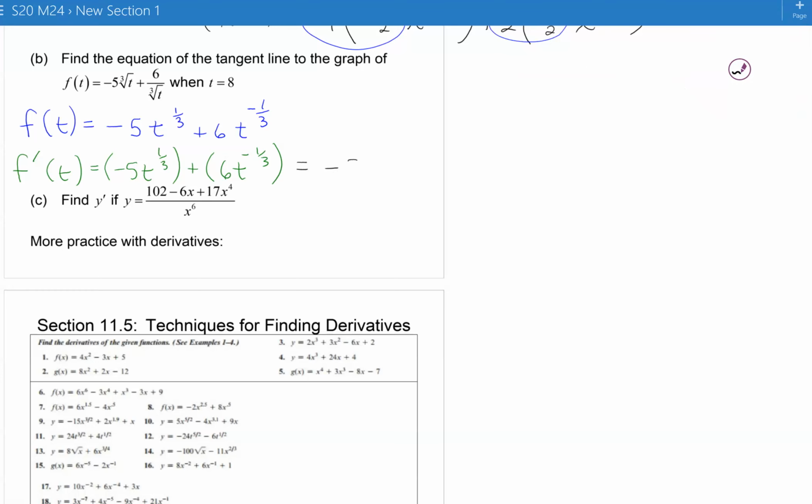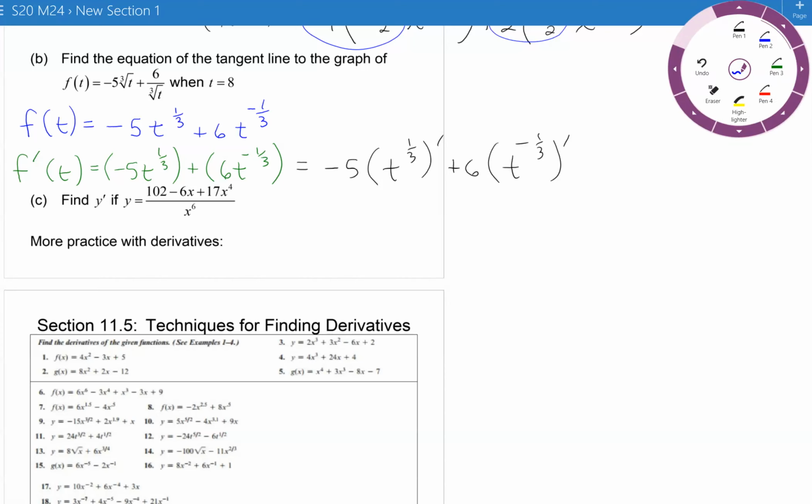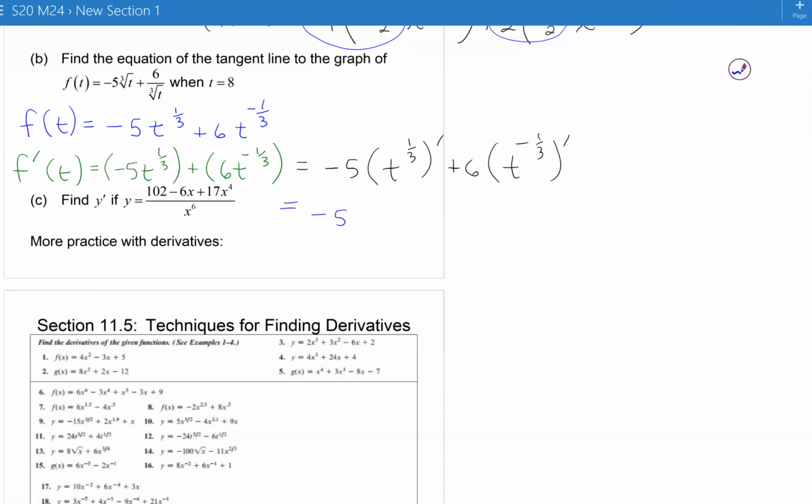So that's going to be negative 5 times the derivative of t to the 1/3 plus 6 times the derivative of t to the negative 1/3. So that's going to be negative 5, use the power rule, 1/3 t to the negative 2/3 plus 6 times negative 1/3 t to the negative 4/3.